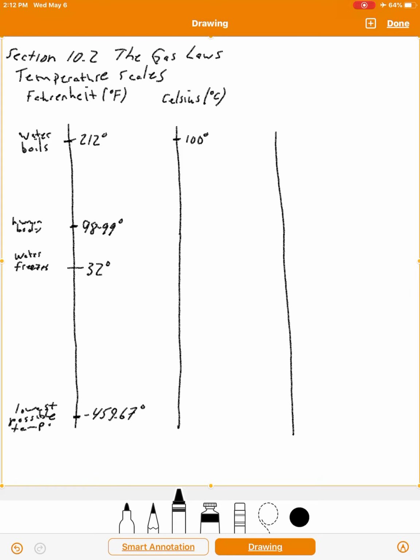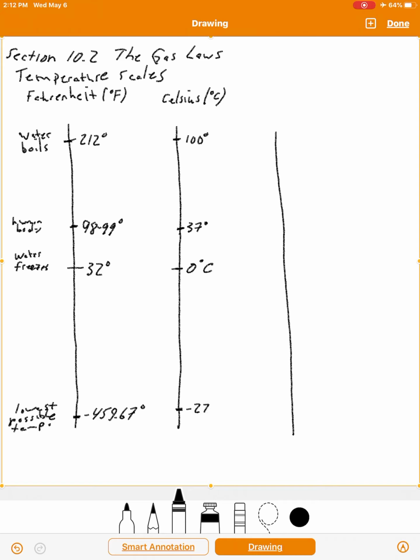What's the human body temperature? Well, it's around 37. And water freezes at 0 degrees C. Okay. So the nice thing about the Celsius scale is that its 0 and 100 points are based on water. And what's the lowest possible temperature on the Celsius scale?